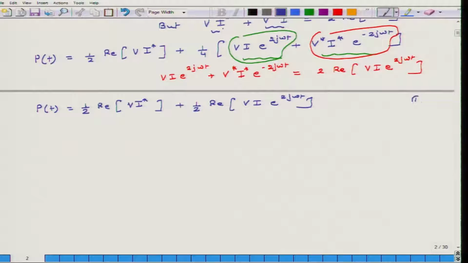We will call this equation number 2. So, that is equation 2.